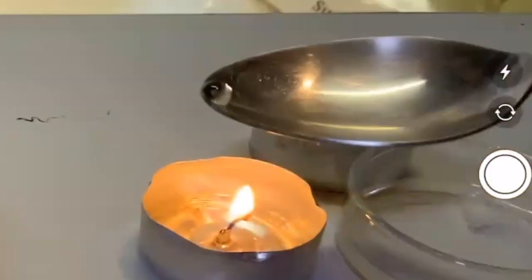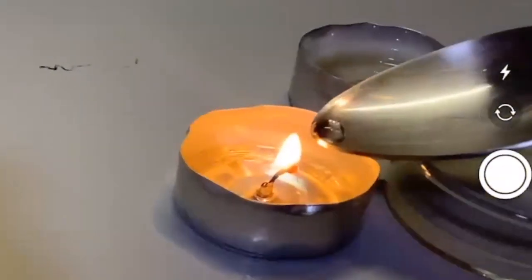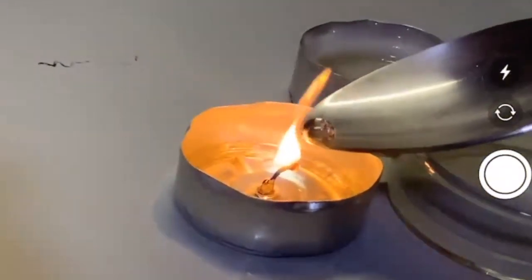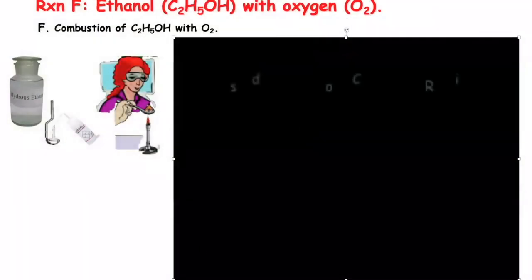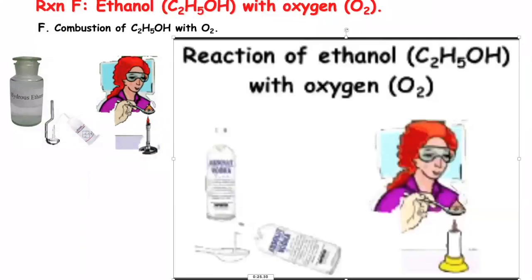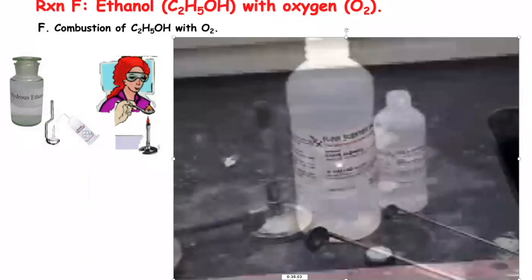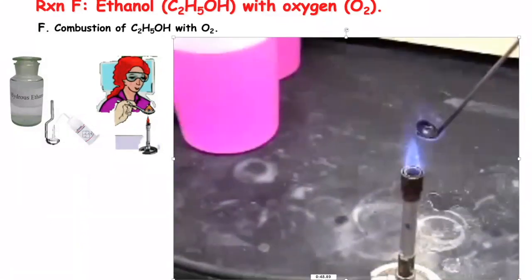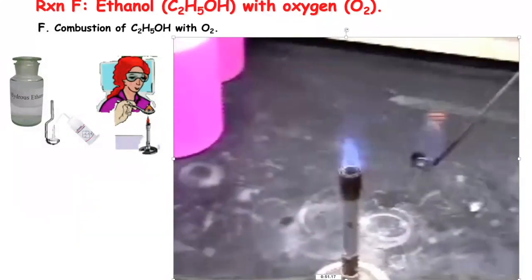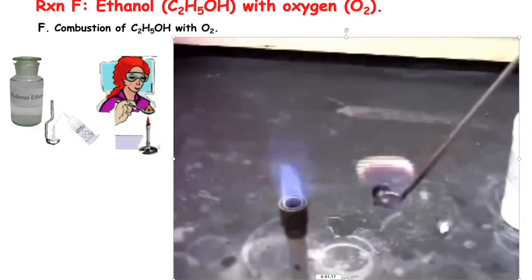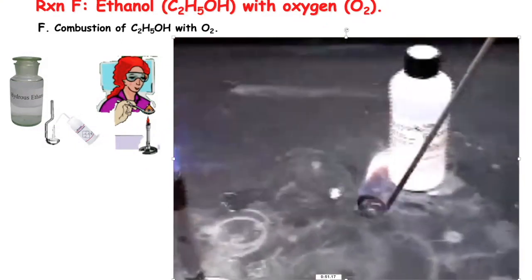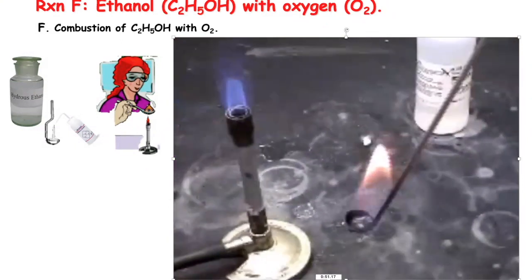And what I'm going to do is just combust it. Again, vodka is pretty much pure ethanol, like 80%. And there it is. All you're doing is burning it. And then you're done.